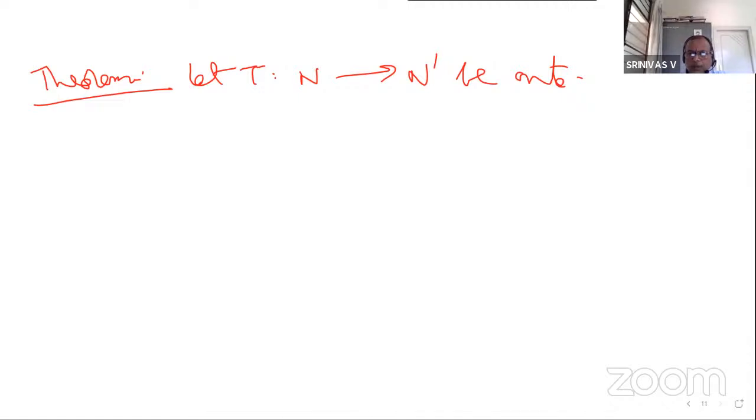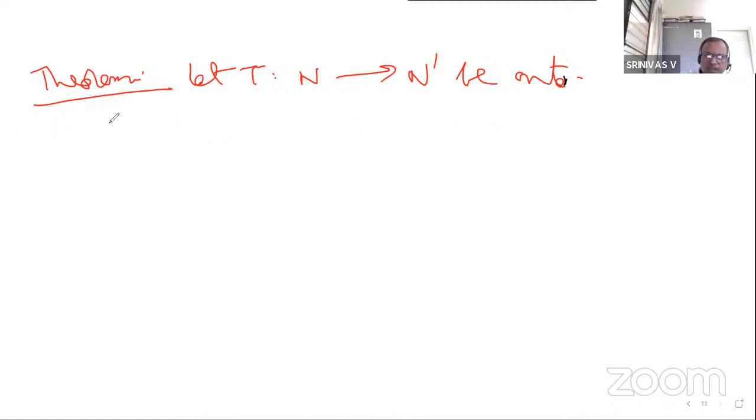Let T map N into N dash be onto. I assume T is a linear map, N and N dash are vector spaces, and I also assume T is onto.